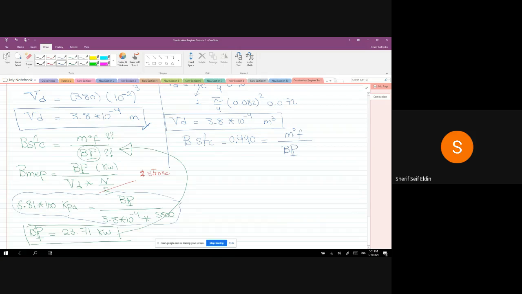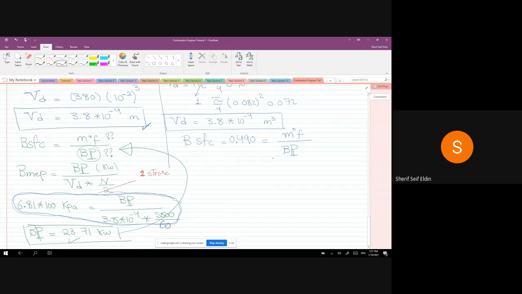Do you guys think there is anything missing in this equation? Conversion into seconds, yeah. Okay, so it's going to give you 23.71.